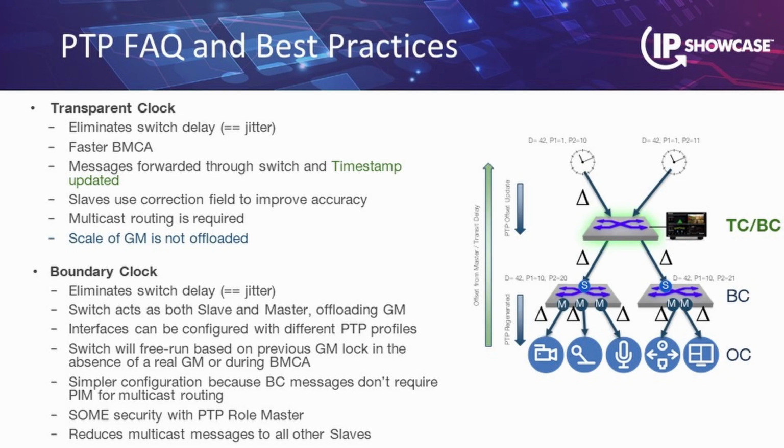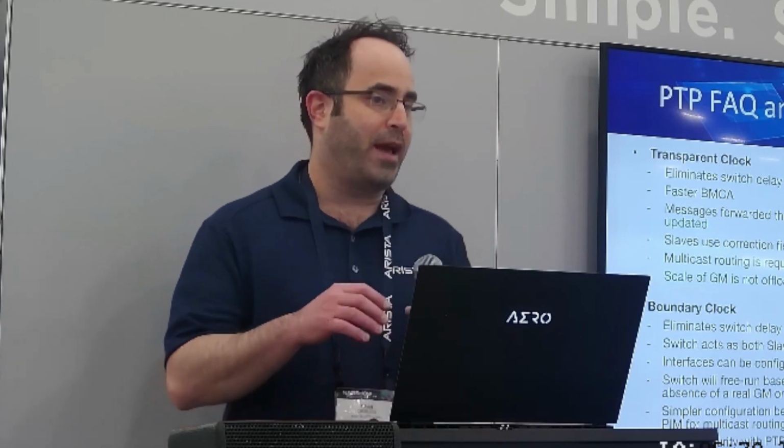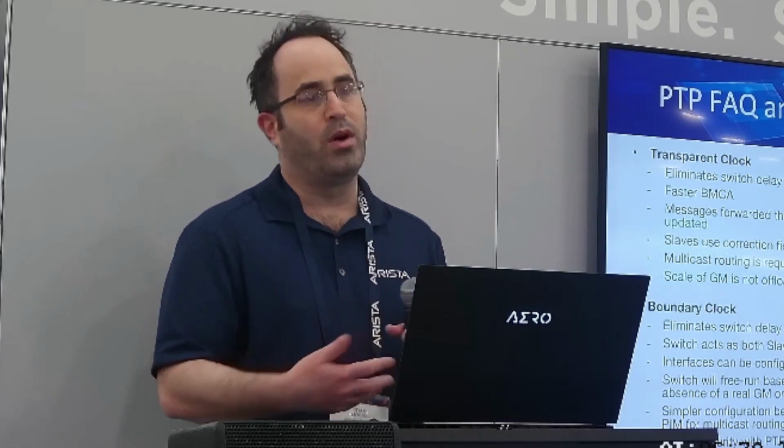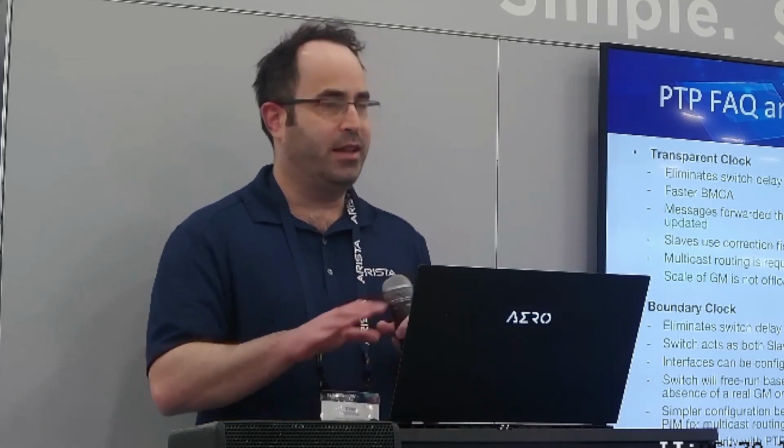There are differences between transparent clock and boundary clock in terms of how the PTP packets get delivered. In transparent clock, the packets are actual multicast. So PTP is itself multicast, 224.0.1.129. But in a transparent clock layer, those packets are actually in the data plane.